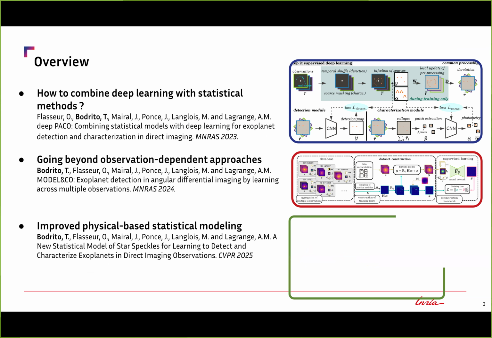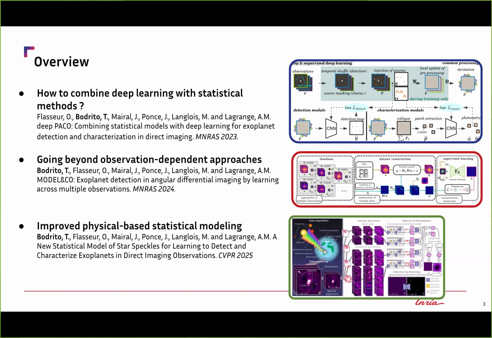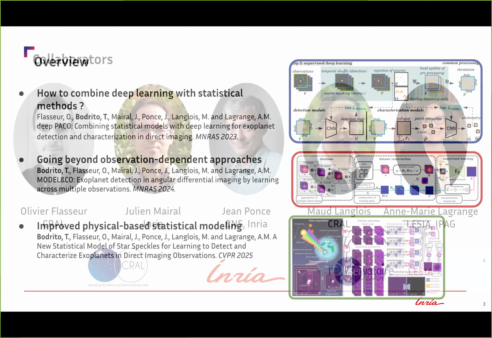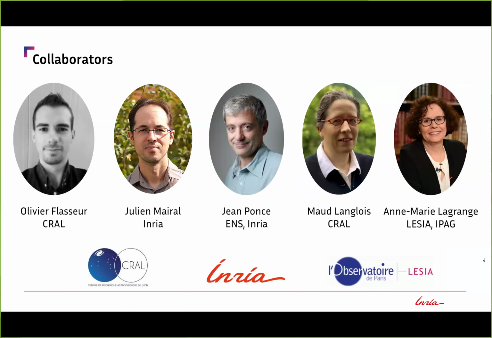And finally, we'll see how we can refine the statistical model to leverage physical correlation in the data. All these works have been done with my collaborators, Olivier Flasseur, Julien Mairal, and Jean Ponce, my supervisors, but also Maud Langlois and Anne-Marie Lagrange, astronomers with whom we collaborated a lot in the last 3 years.